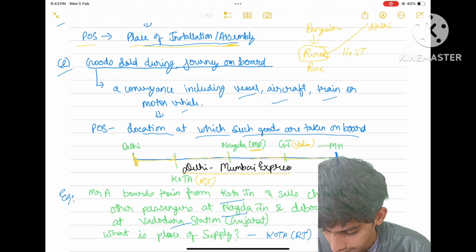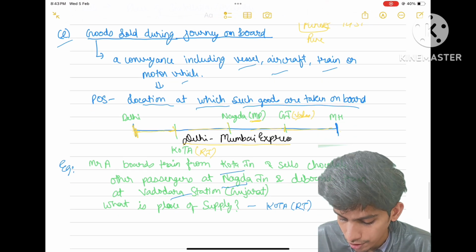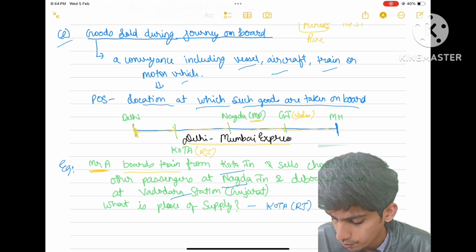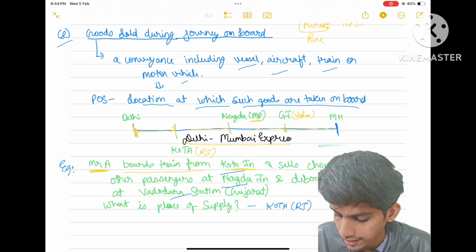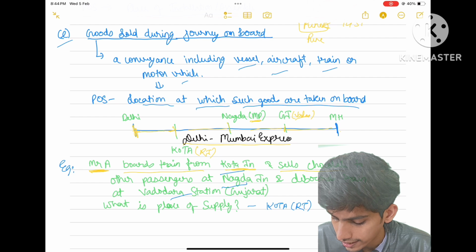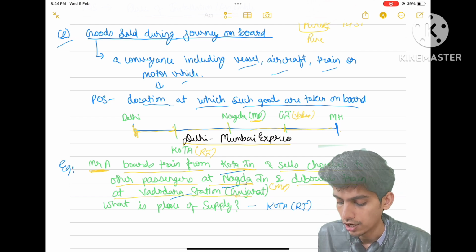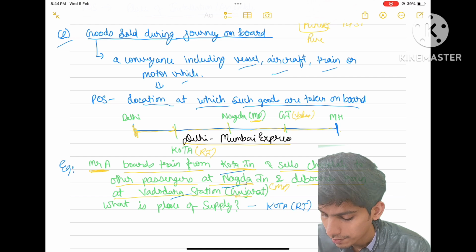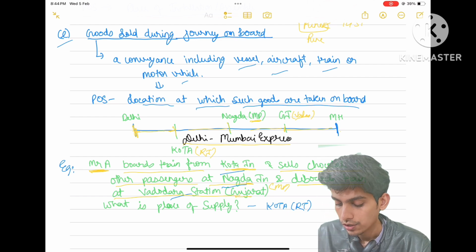Suppose Mr. A, who is a seller, boards the train from Kota Junction, that is Rajasthan, and sells chocolate to other passengers at Nagda Junction, which is in MP, and deboards the train at Vadodara station, which is in Gujarat. So what will be the place of supply? Whether it will be Kota, Nagda, or Gujarat.